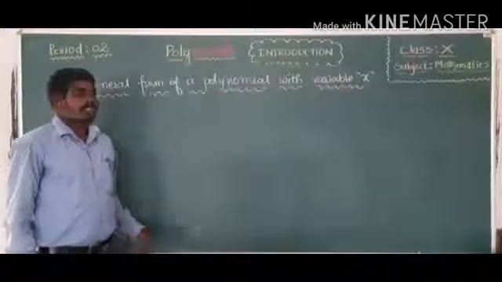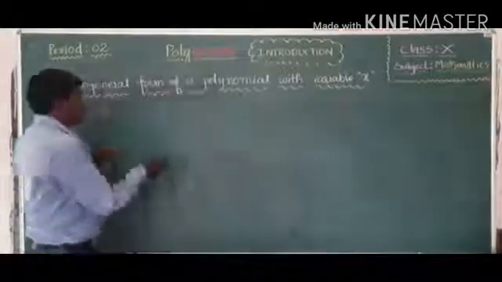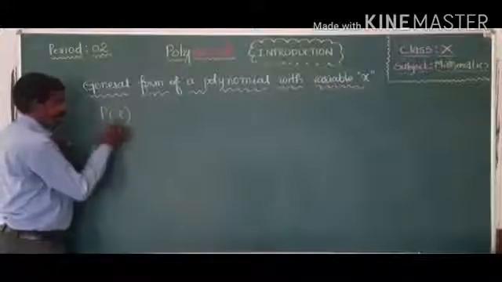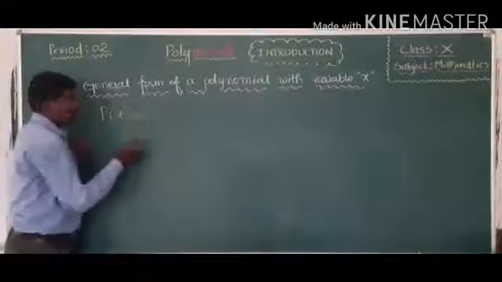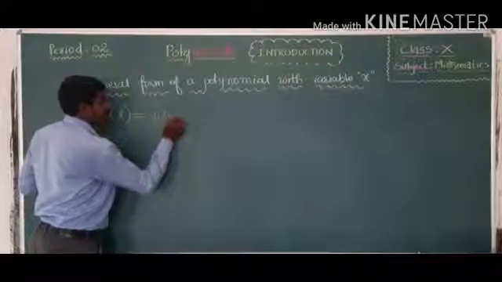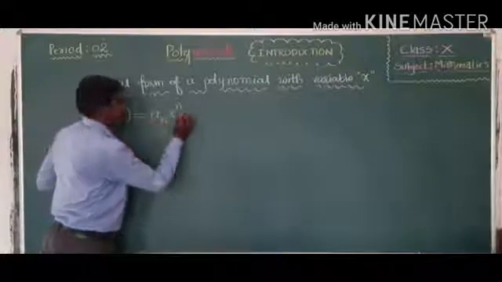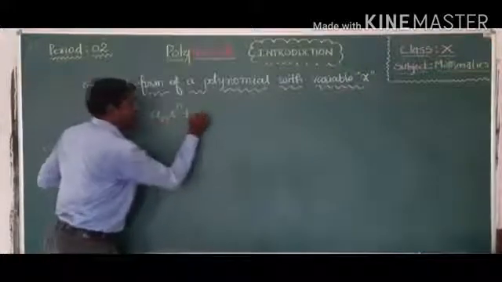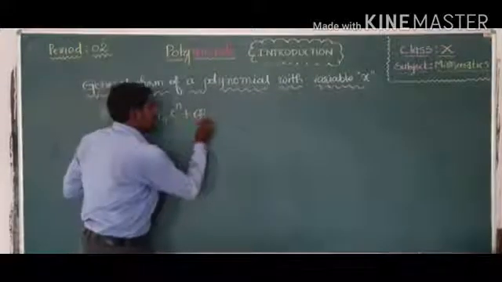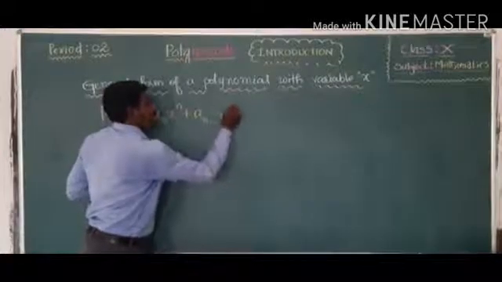Now the general form of a polynomial with variable x: p of x is the polynomial with variable x, equal to, see carefully, a n x to the power of n, plus a n minus 1 x to the power of n minus 1.